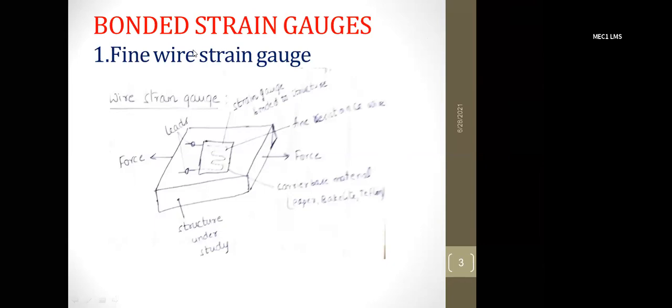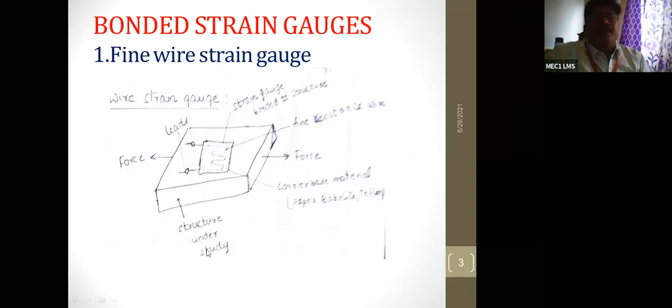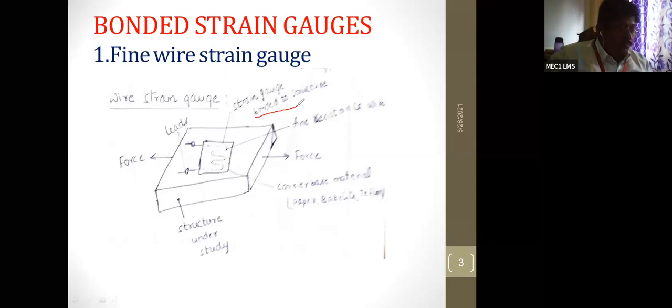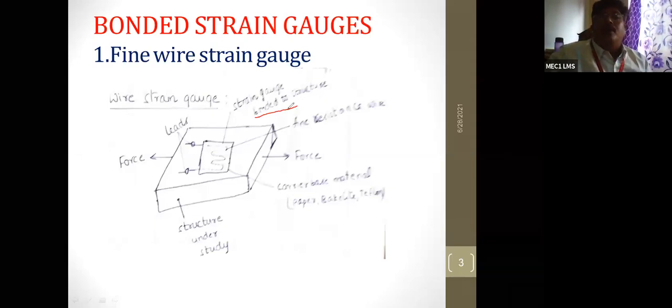The next one, fine wire strain gauge. Here, if you observe, it consists of a strain gauge bonded to the structure. This is the structure, right?